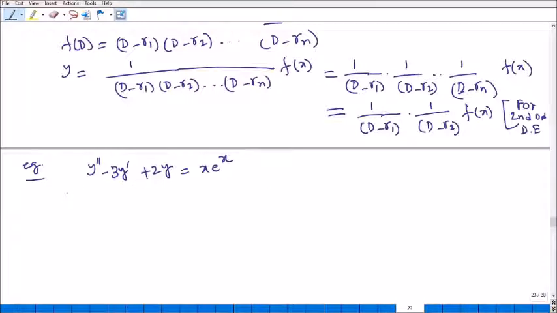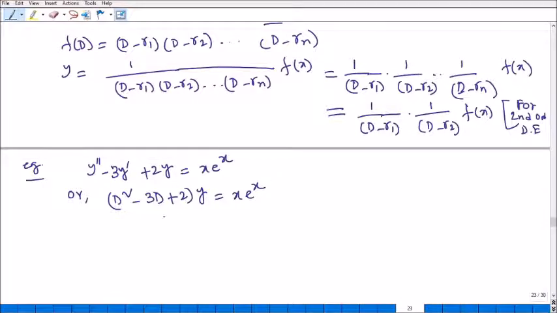Now in operator form, this differential equation can be written as (D squared minus 3D plus 2) operating on y equal to x e to the power x.